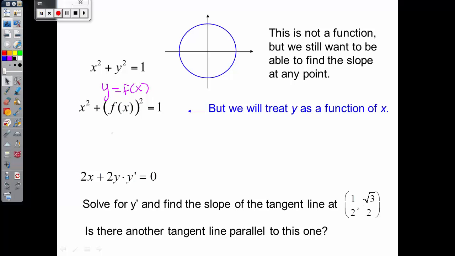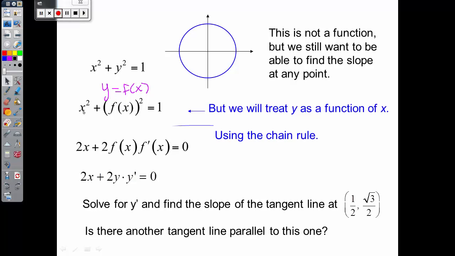So it looks like this: 2x, because that's the derivative of x squared, plus 2 times f of x, because that's the chain rule, times the derivative of the inside. And then we go back and replace f of x with y. So it's 2x plus 2y times y prime equals 0.